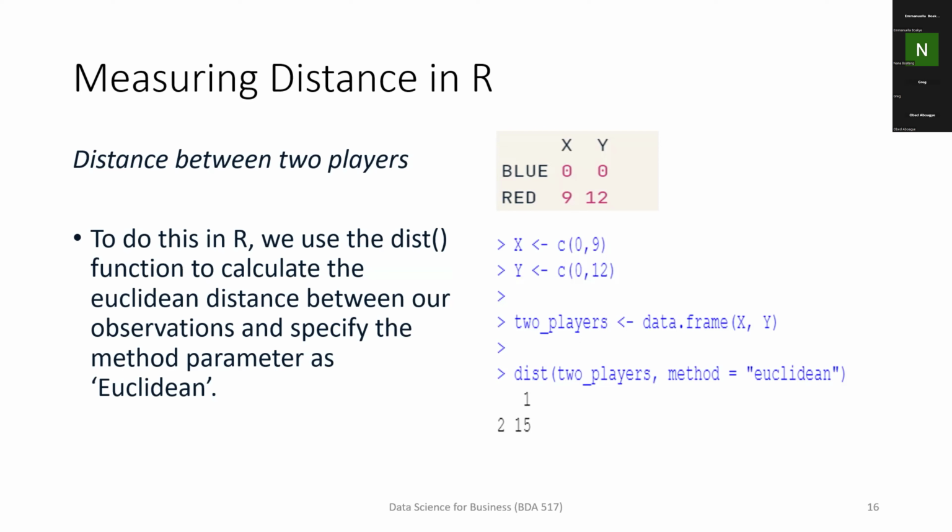Create a vector X and Y. The X will be a vector of 0, 9, and then Y will be a vector of 0, 12. Then just name it 2 players.